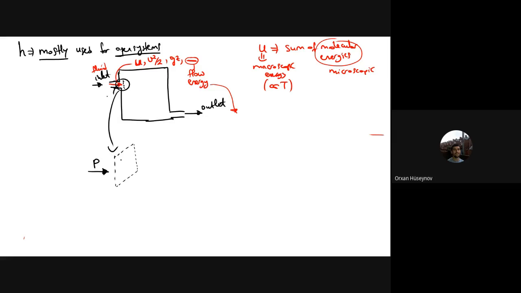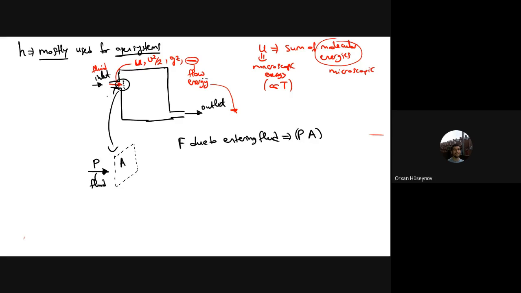When the fluid enters, it applies a pressure on the rest of the fluid that is inside the vessel. This part has an area A. So the force due to the entering fluid will be P times the area. This one is clear.